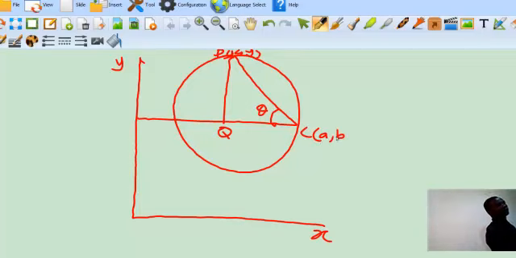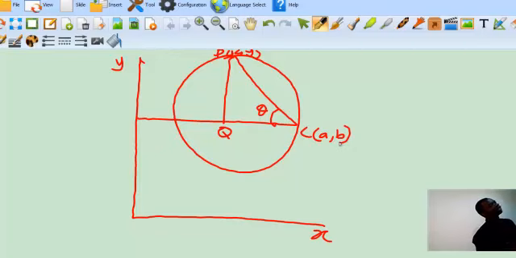C is represented by A, B. Now, if you can recall, in our previous study section, we were introduced to how you can obtain the side of a triangle, especially a right angle triangle, using your SOHCAHTOA.